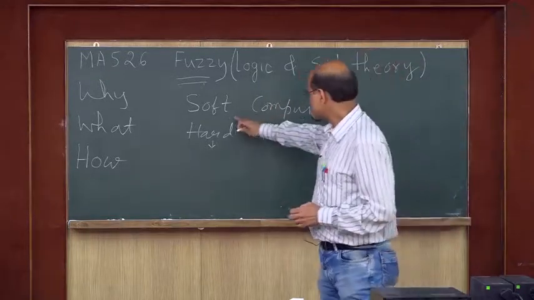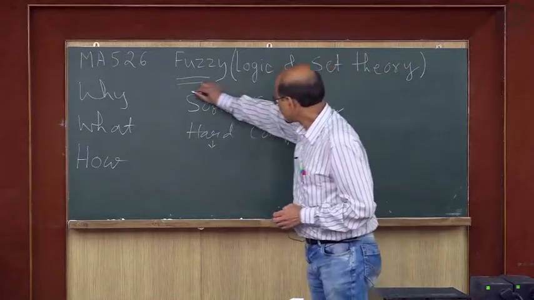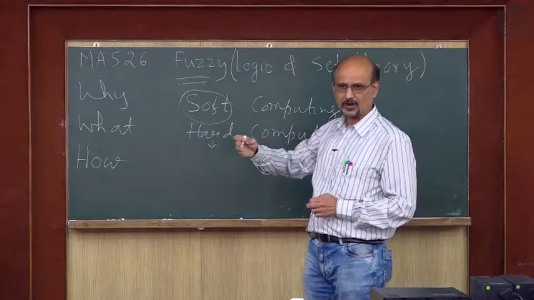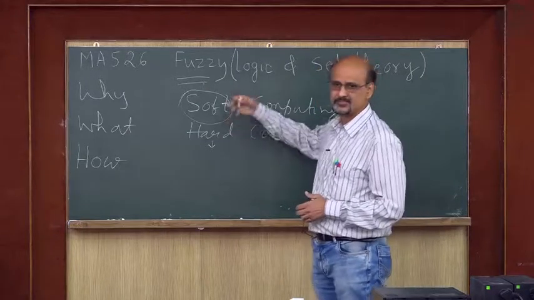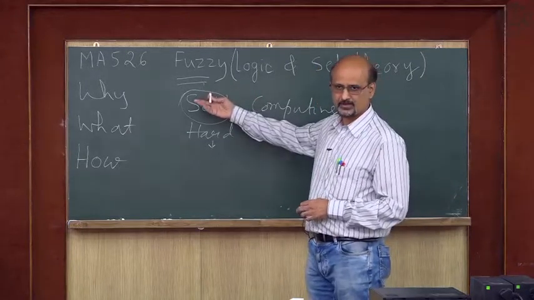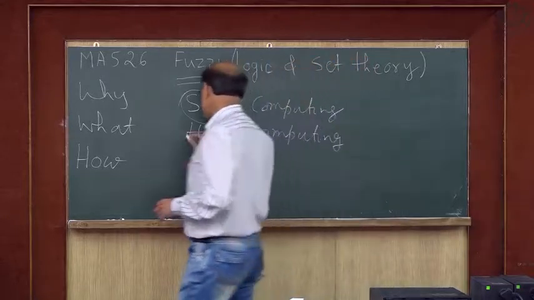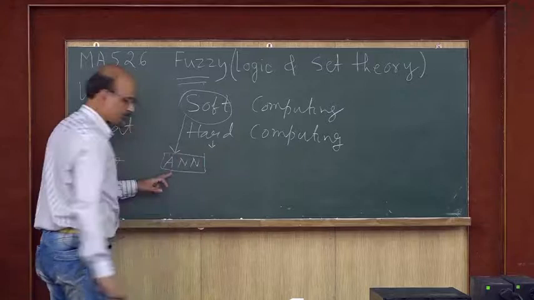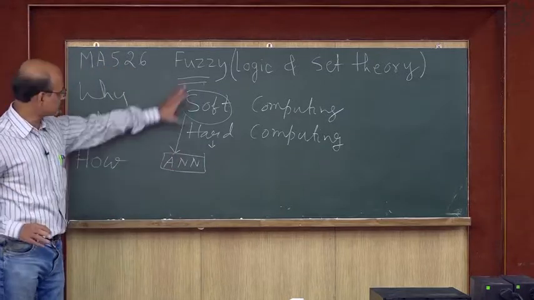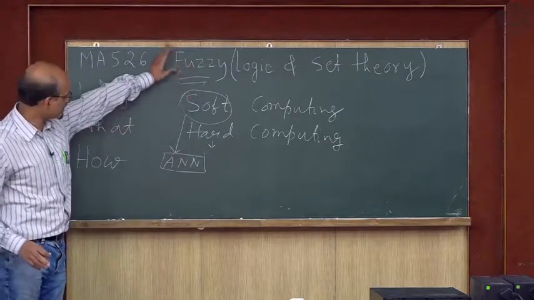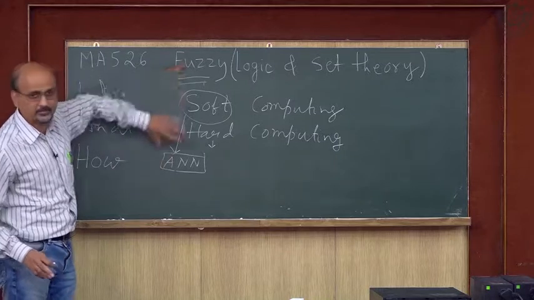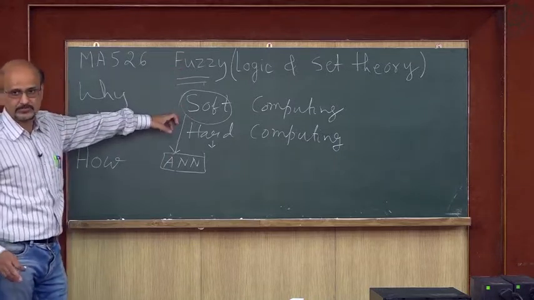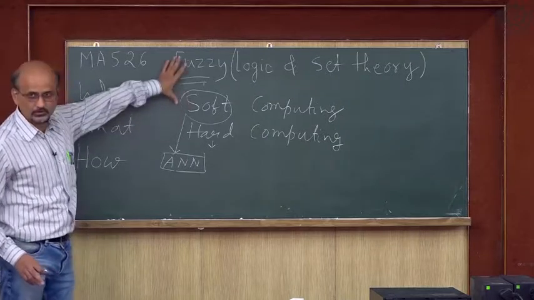In soft computing, we do not have those instructions one by one, but we have to use some example problems. Soft computing also includes ANN. Although this is not in your course, we can use ANN plus fuzzy, that is called hybrid methods. So if time permits, we will do all those things.